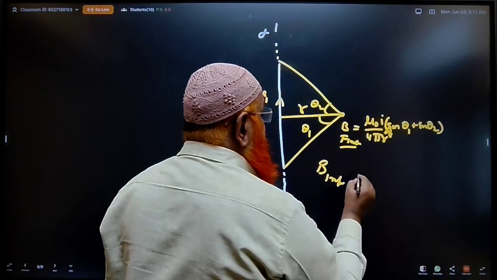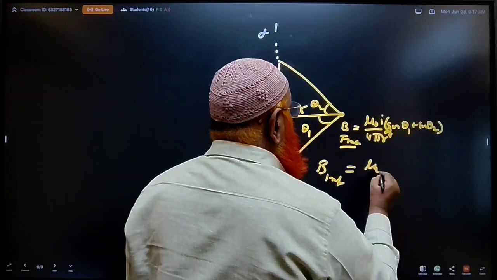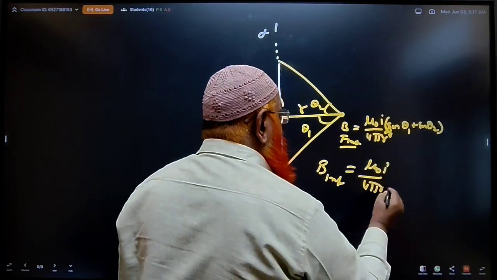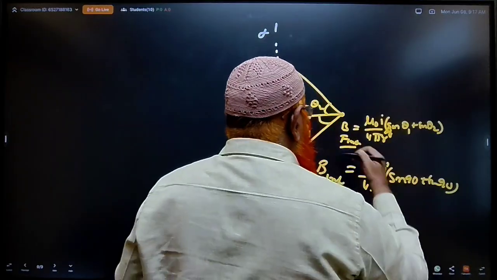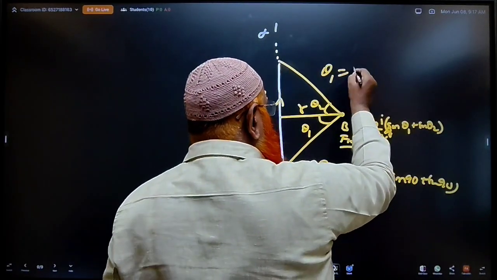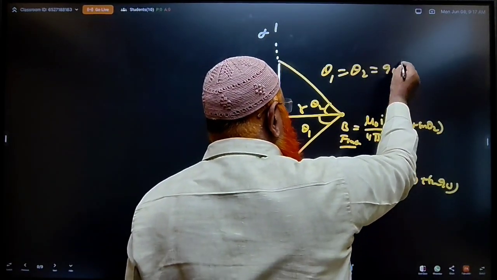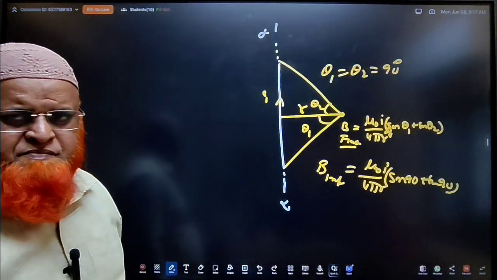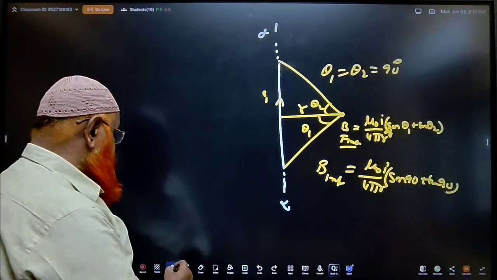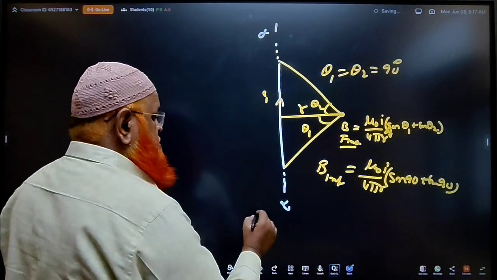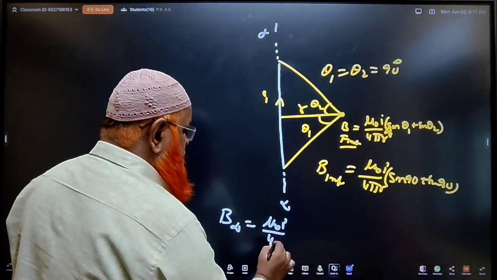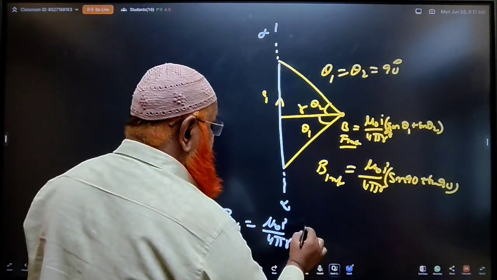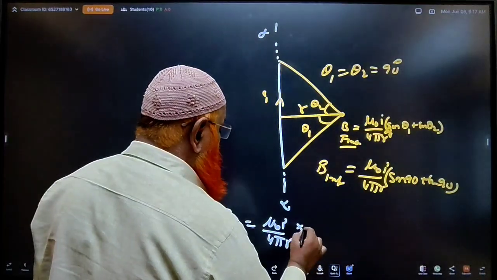For an infinite wire, what is the condition? B is mu naught I by 4 pi r, sine 90 plus sine 90, because for an infinitely long wire, theta 1 and theta 2 become 90 degrees. Then what are you getting? 1 plus 1 is how much? 2.